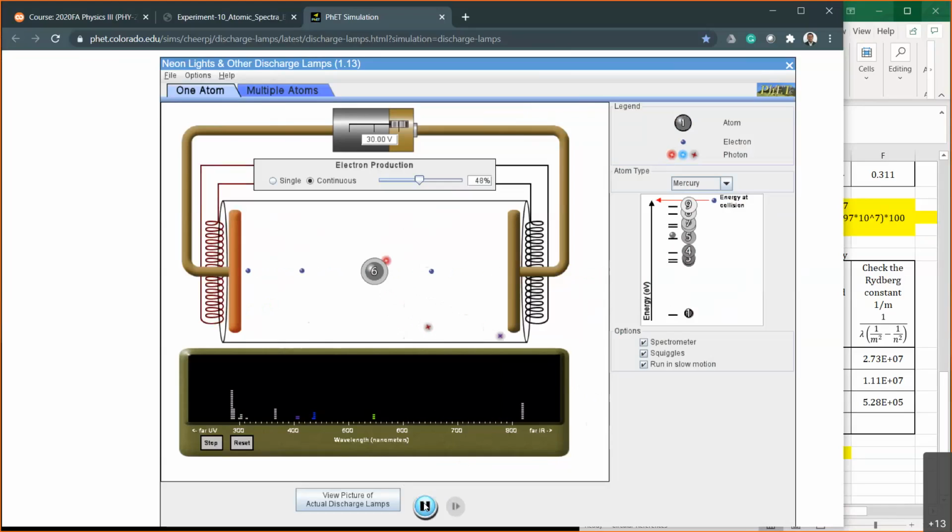Probably that way. Red we already did. Blue we already observed. Any other colors? I just increase the number of electrons coming out from the electrode. You can do that by increasing the percentage of continuity there. It will speed up the process.